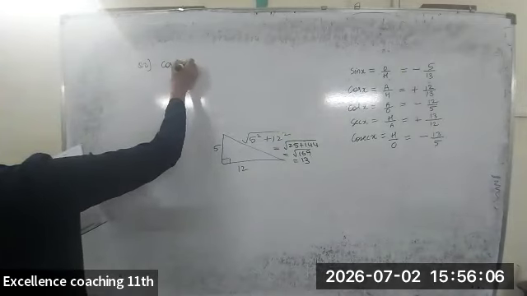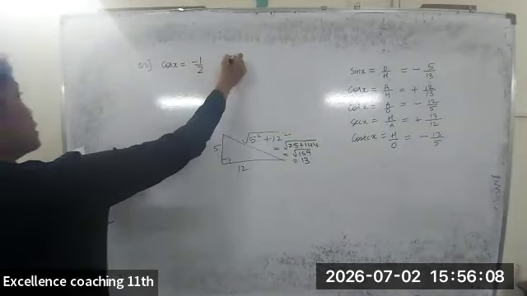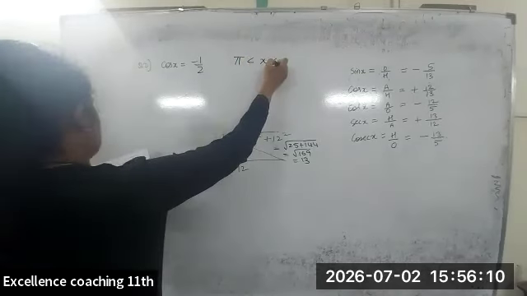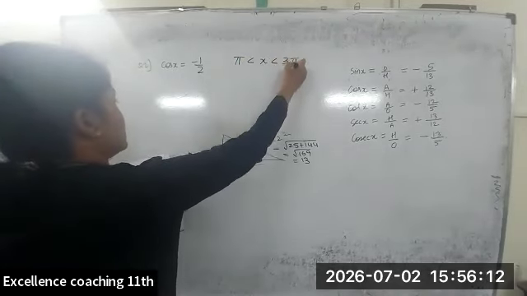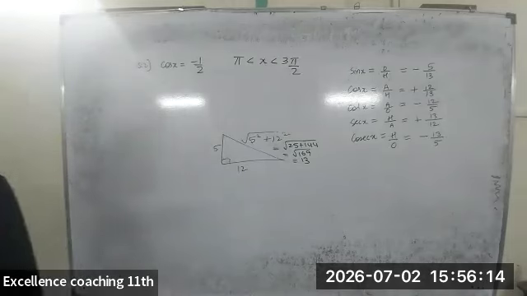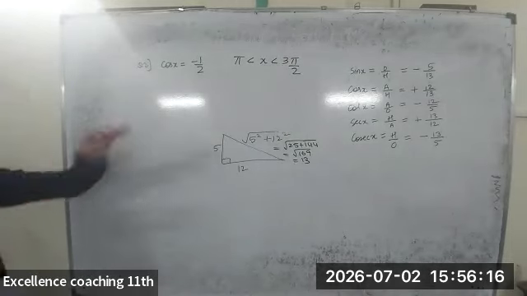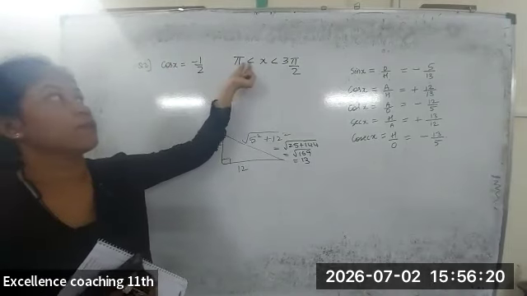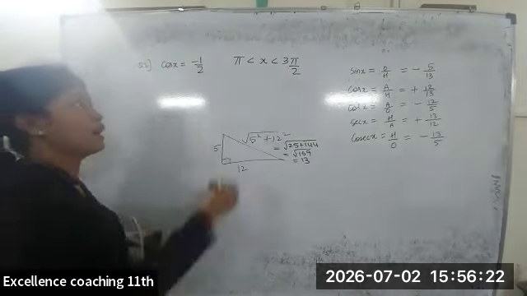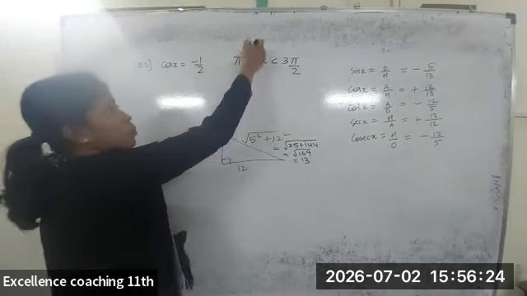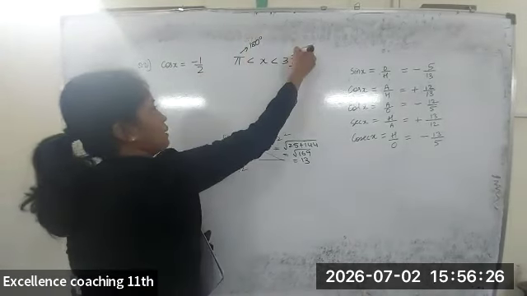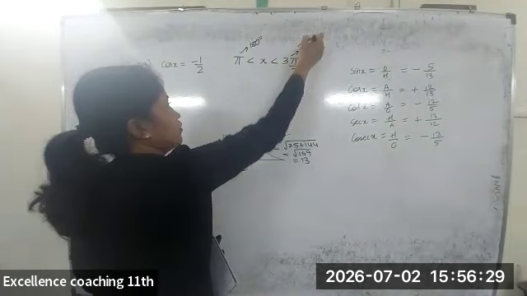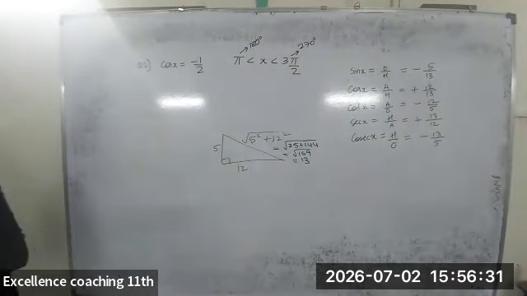Cos x is minus half. Now, instead of mentioning the quadrant, they have given something in terms of radians. x, the angle theta, lies between pi and 3 pi by 2. Pi means how much? 180. 3 pi by 2 means 270. If not, you can convert at the side and check.